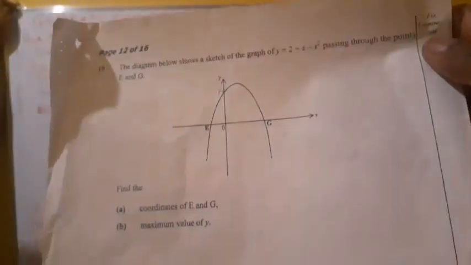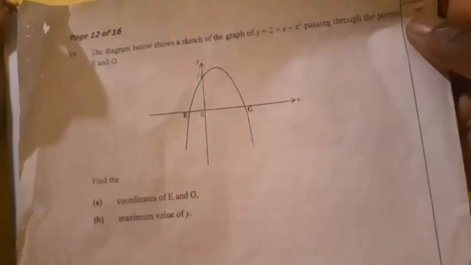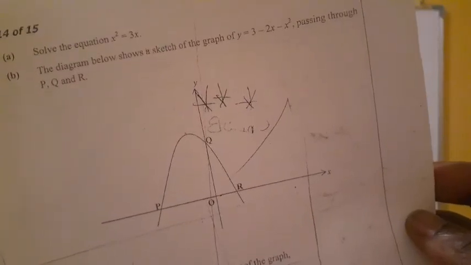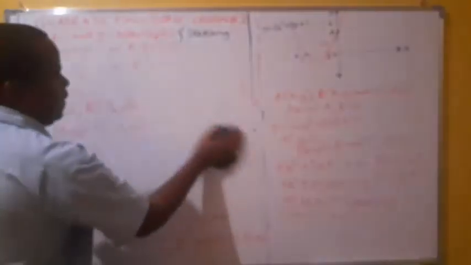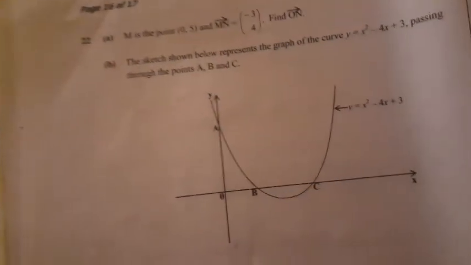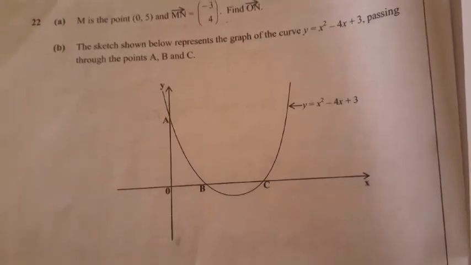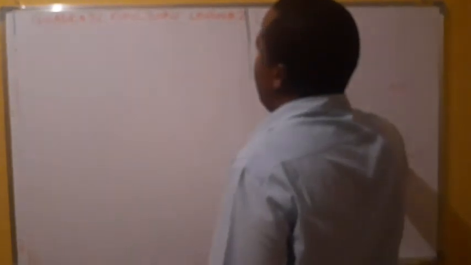I'm sure this one is clear. There's also this one here, the B part. These are questions from the past papers. Also, this is almost the same as what was given. So these are questions to do. All right. Thank you.